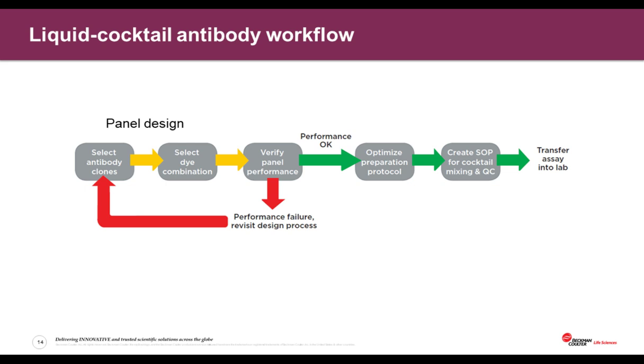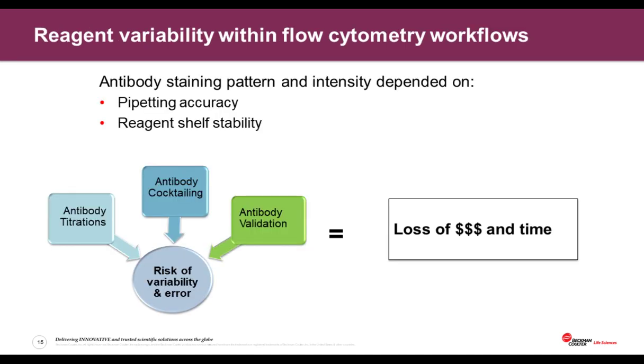And we're going to create an SOP for cocktailing, mixing, as well as the QC. Once this is all done, the assay itself is transferred into the lab. Ultimately, there are several checkpoints where we can introduce errors: cocktailing errors, panel design errors, even in the case of creating an SOP and making the cocktails. There are several ways that we can introduce error.